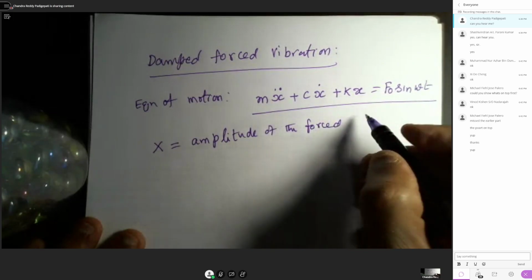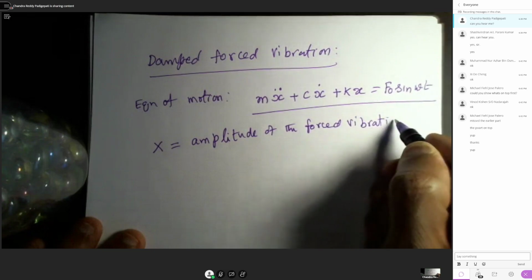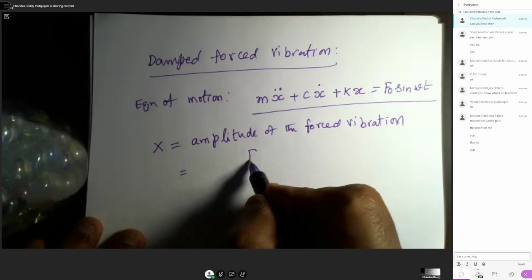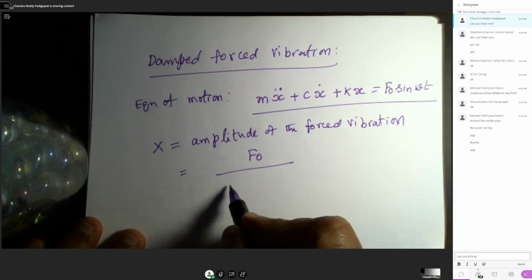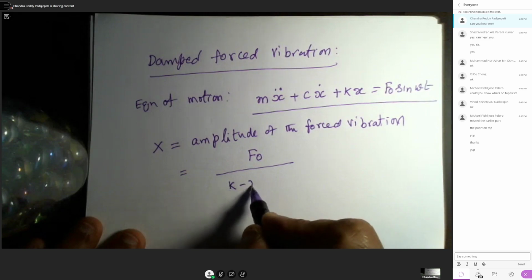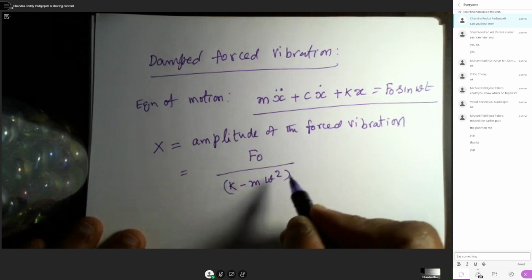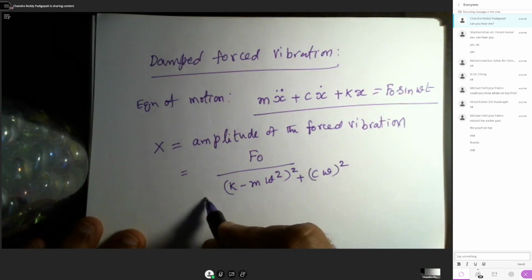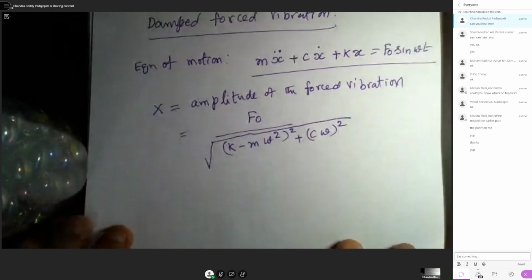So x is the external force F naught over the square root of k minus m omega square, whole square, plus c omega, whole square.